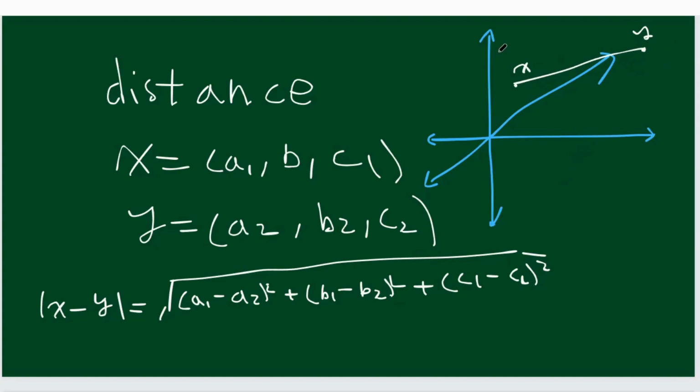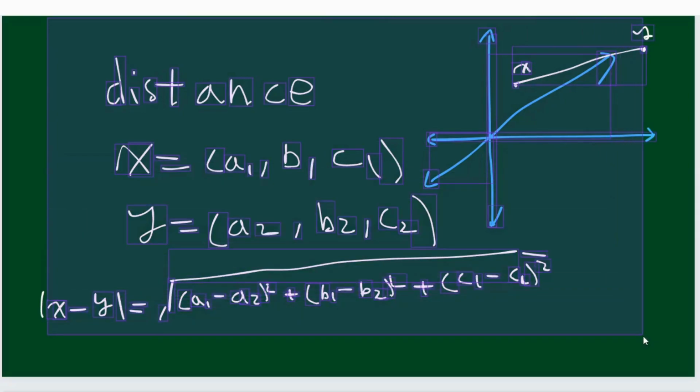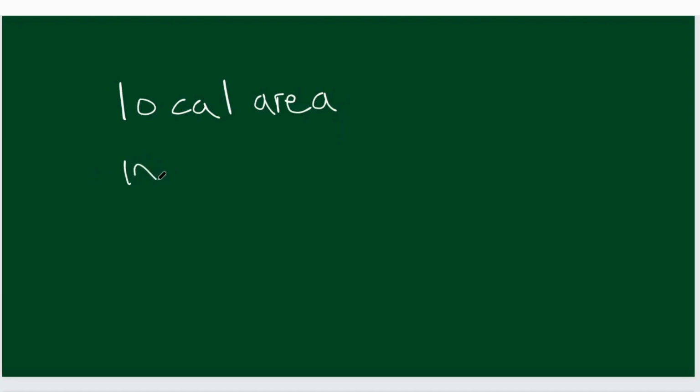So now let's talk about the local area. What is the local area? So the local area is given by the inequality: the absolute value of x minus x0 is smaller than epsilon. It looks like an e, and it's actually called epsilon.